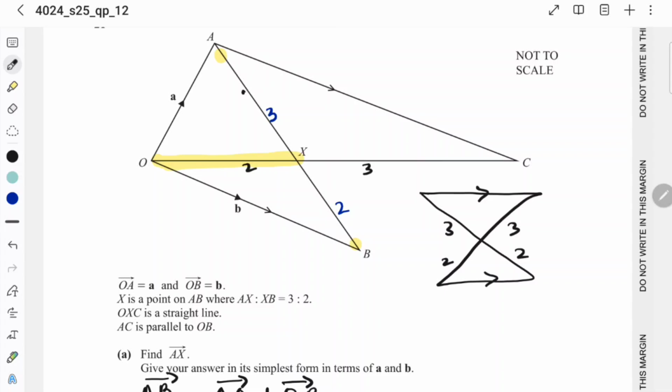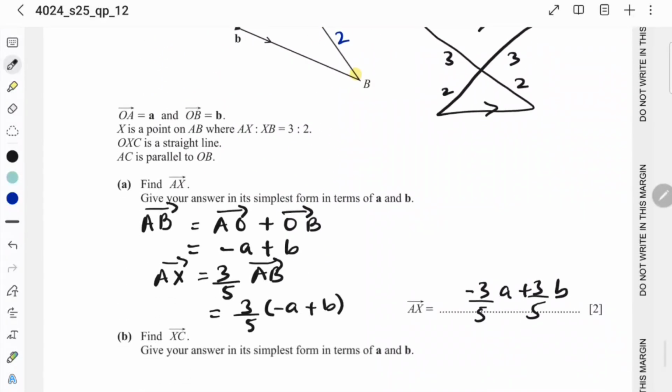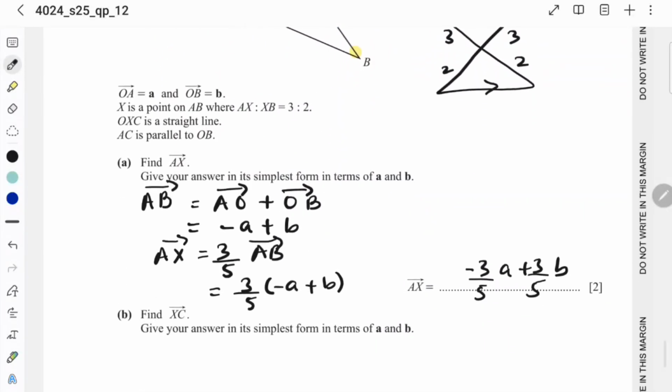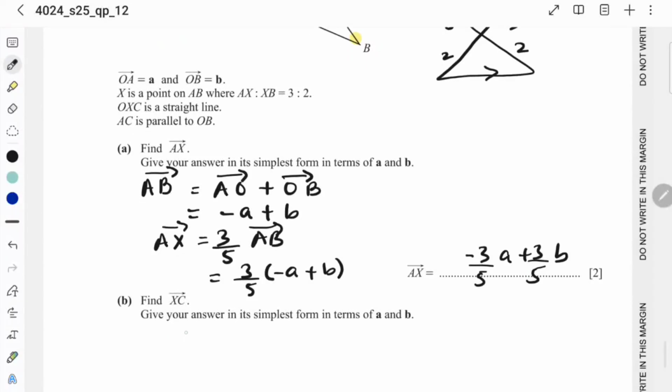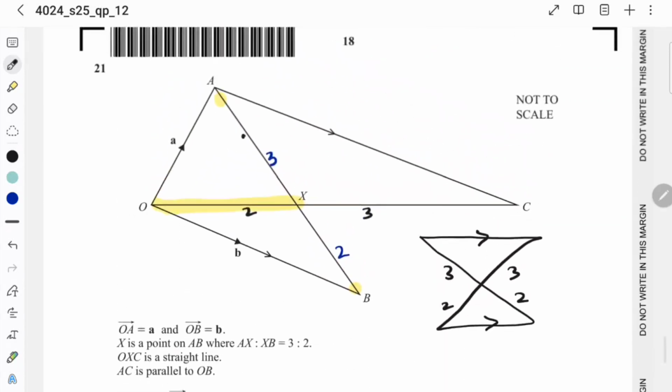So first of all, find out what is OX. OX will be equal to OA plus AX, because we know the value of OA and we know the value of AX also. AX we found is minus 3 upon 5A plus 3 upon 5B. So OX is equal to OA plus AX. And what is OA?